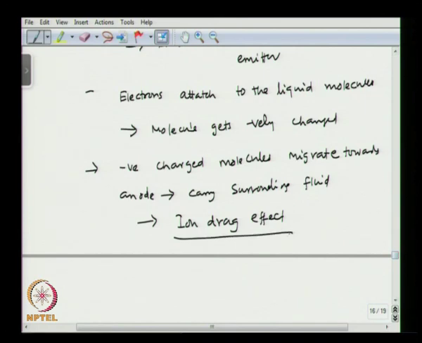As you can see here, in the electro-hydrodynamic micropump or ion drag micropump, the liquid moves from the negative electrode towards the positive electrode. Whereas in electroosmosis, the direction of pumping depends on the zeta potential of the surface.